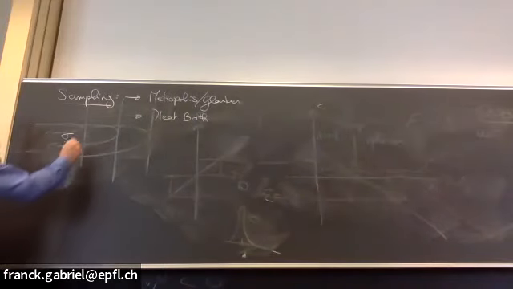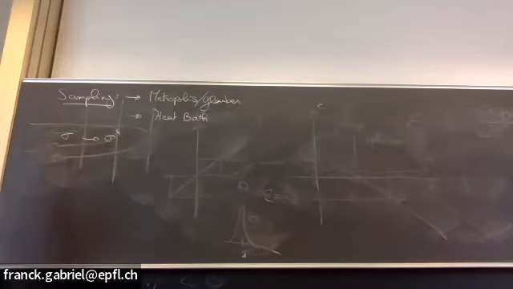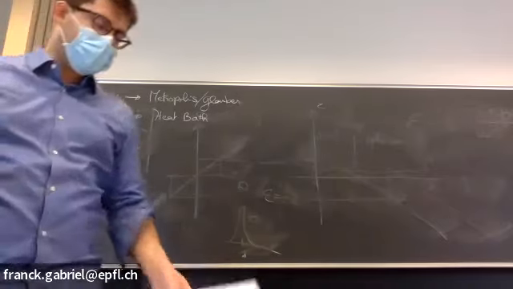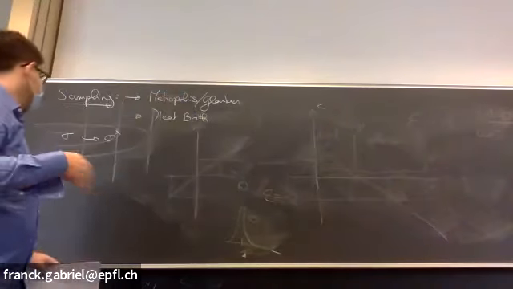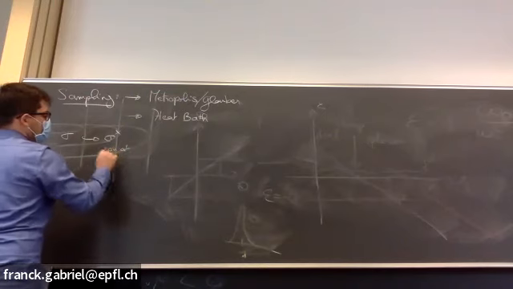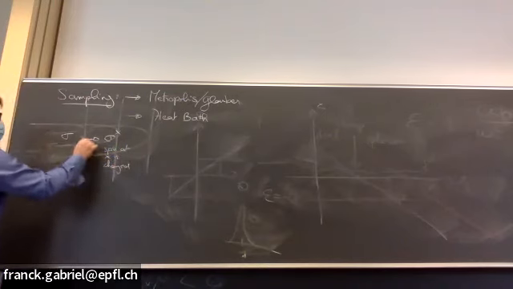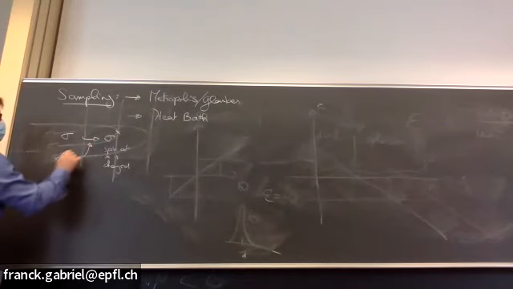You had a configuration sigma. From sigma, you could look at sigma x, where you change the spin at x, and we take x uniformly.